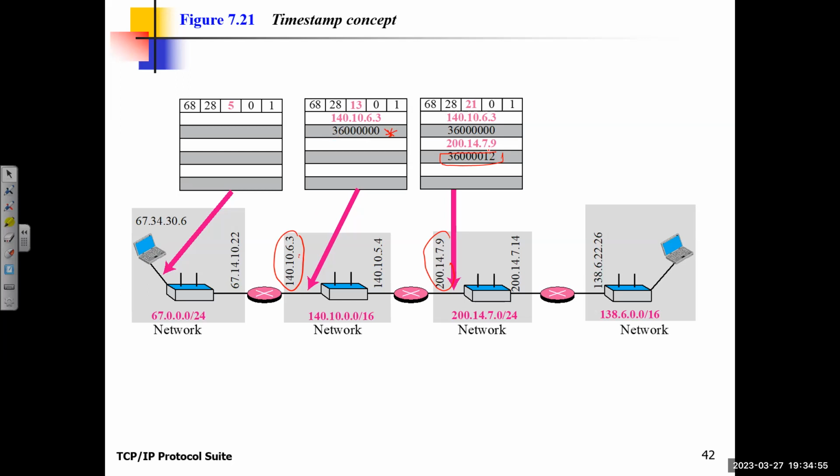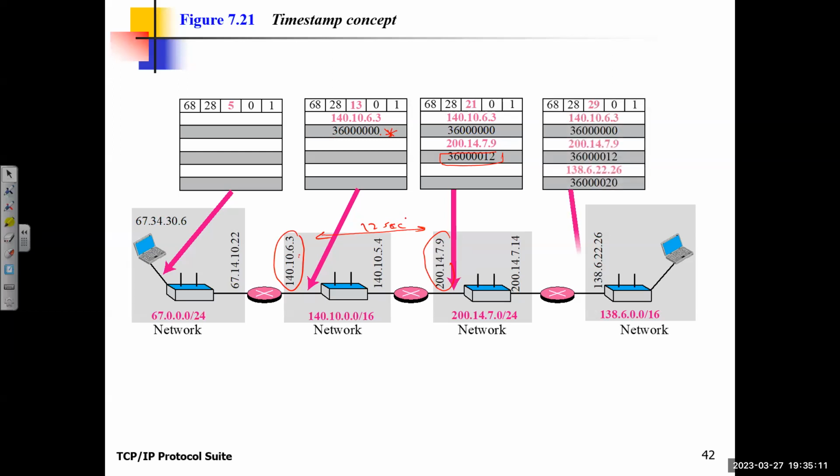Let's say seconds, I don't know how it's written here, second, millisecond, but let's say 12 seconds. So between here and here, this delay, I have only 12 seconds. Now if I want to visit this router, how long? 20. So from here to here, 8. 12 to 20, correct? So I visit this router at this time, and this router at this time, and this router at this time.